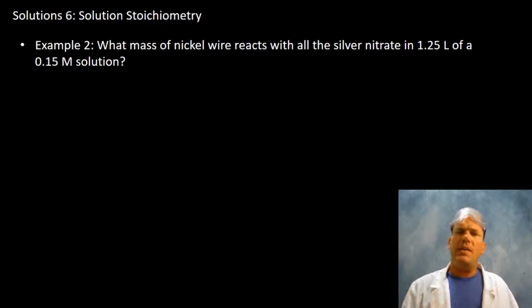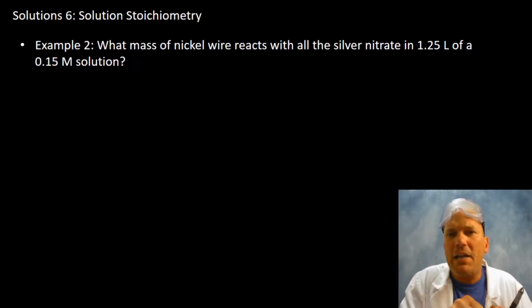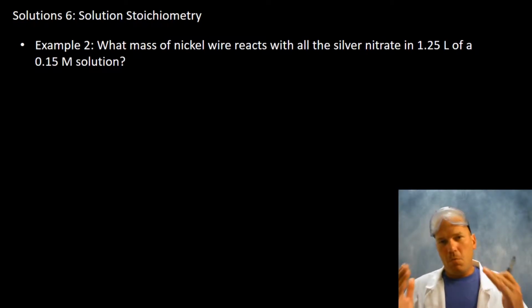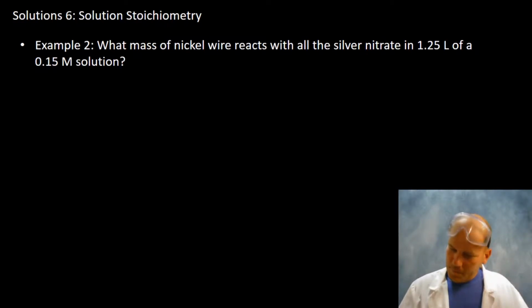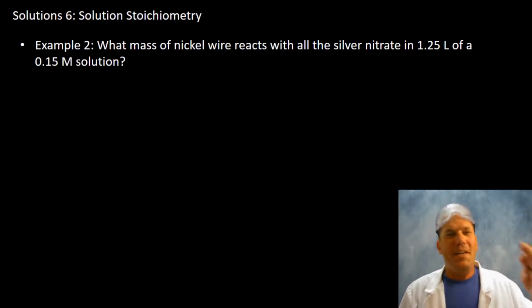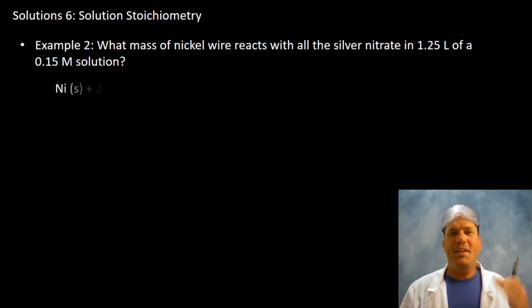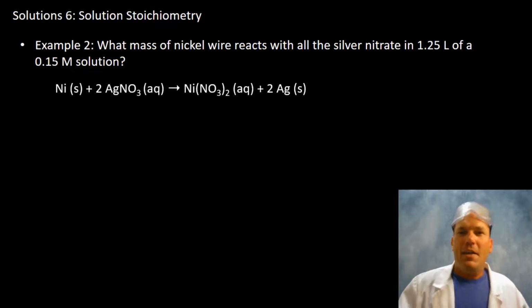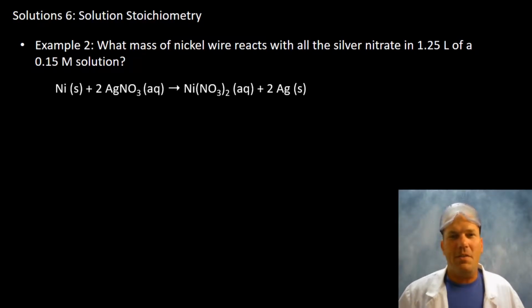So we're saying we have this concentration and a volume, and we want this reaction theoretically to go to completion. Okay, so where do we start this one? You guessed it, a balanced chemical equation. Okay, this is a single replacement reaction. You can look at your activity series of metal.